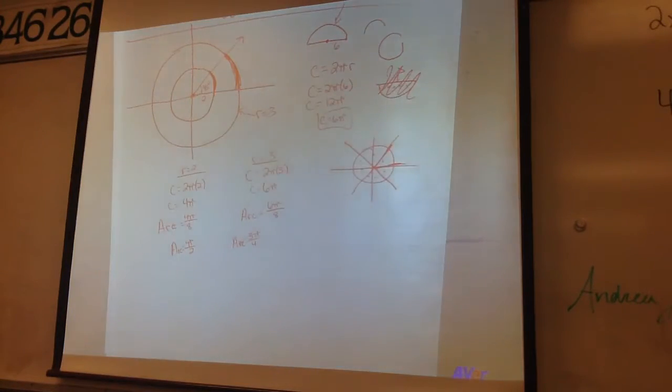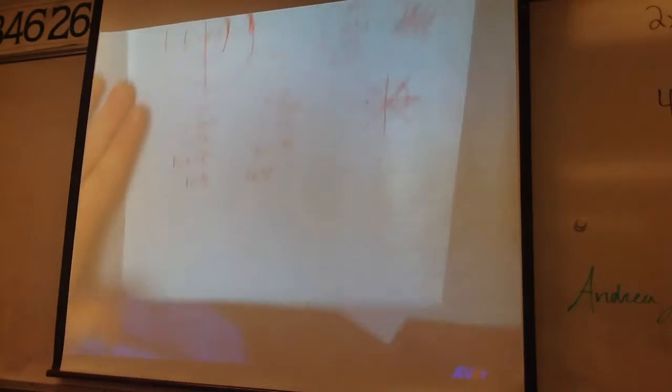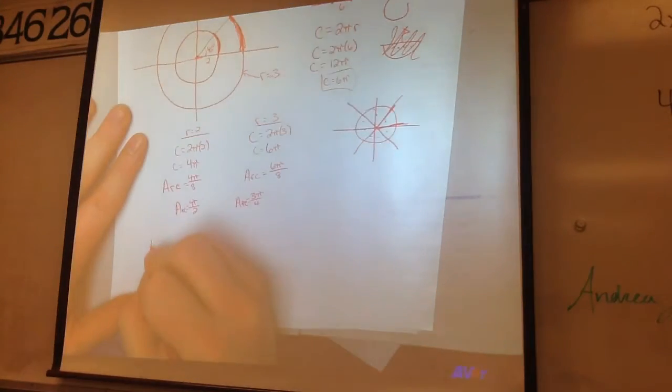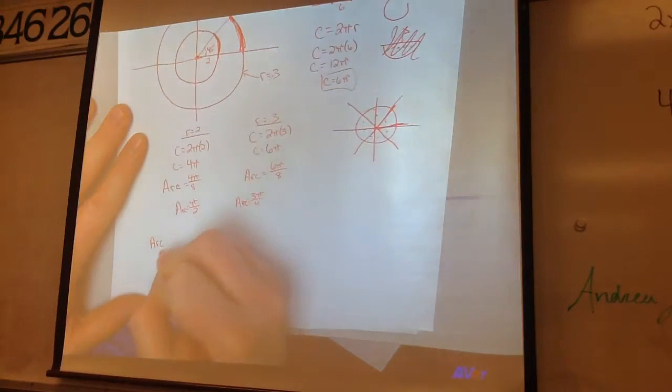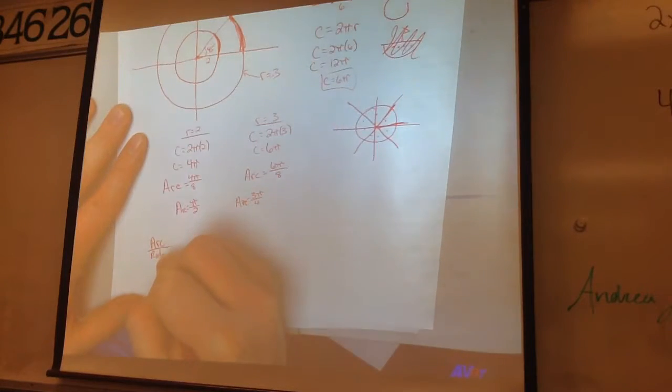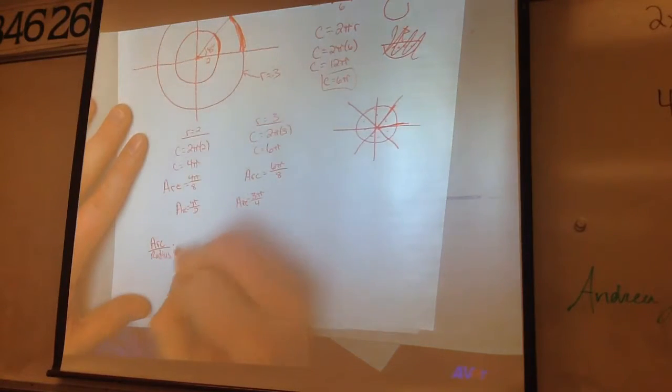Well, for both of them, if we divide the arc length by the radius, you'll see something. For the little one, it's pi over 2 divided by 2.